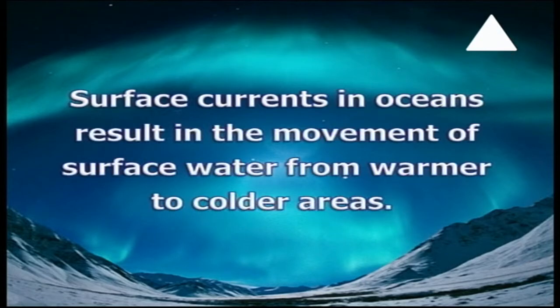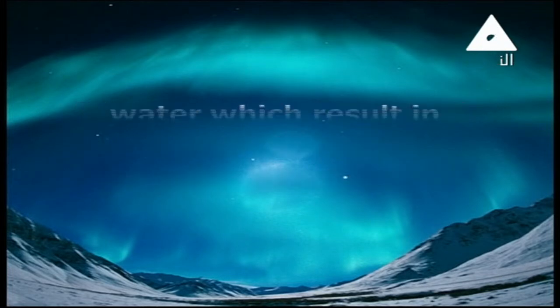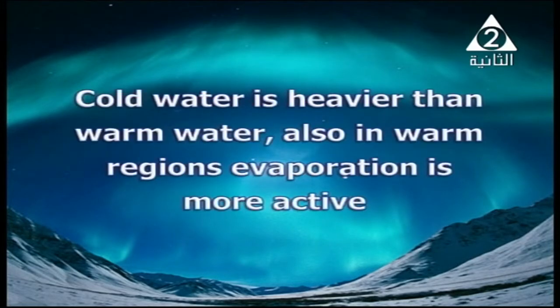We have surface currents in oceans that result in the movement of surface water from warmer to colder areas. The movement is caused by variations in temperature of water, which result in changes in the density and salinity too. Cold water is heavier than warm water.